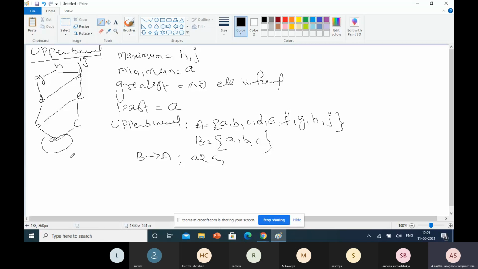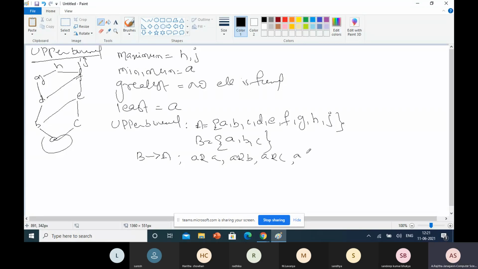We are not specifying the self loop here, but the self loop is present. A to A and A to B, yes, A to B is there. A relates to B, A relates to C, A relates to E. This is the transitive property.